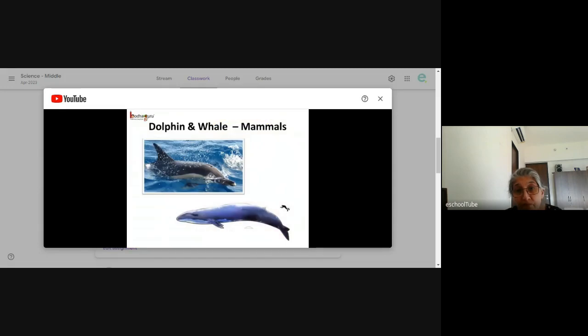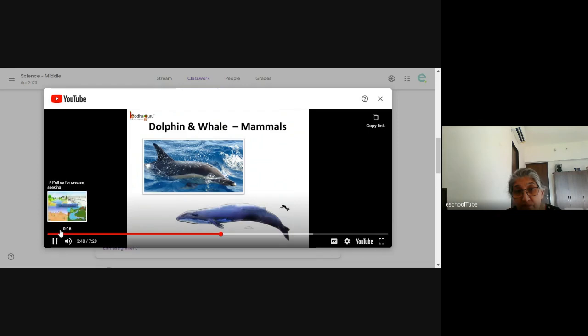Unlike the fishes, which breathe through gills in the water, the dolphins and the whales, which are marine mammals, breathe air through their blowholes. A blowhole is a hole on the top of the head of the whale or the dolphin. These animals have large lungs, so they can hold the breath for few minutes.